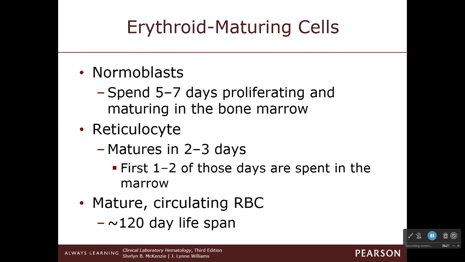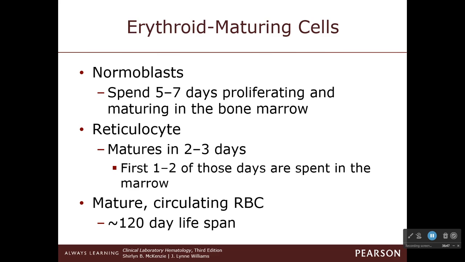So normoblasts, this is what we were talking about earlier. They spend about 5 to 7 days proliferating. When we talk about proliferating, what does that mean? What does proliferate mean? Reproducing. Proliferation means reproducing. Rabbits are very proliferative animals, right?